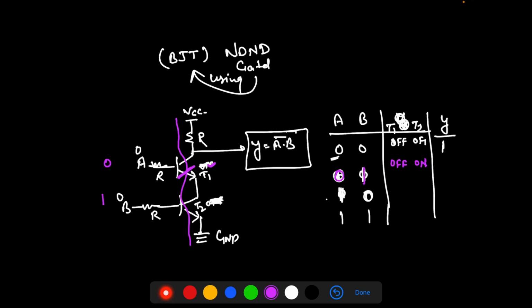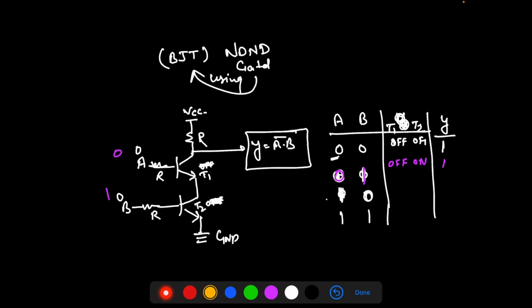If you study the basics of BJT, then you know it behaves like an open circuit. Then current flows only like this, meaning our output will be as it is our input, so our output will be 1. This is off and this is on. If this is 0 0, then output is equal to 1.